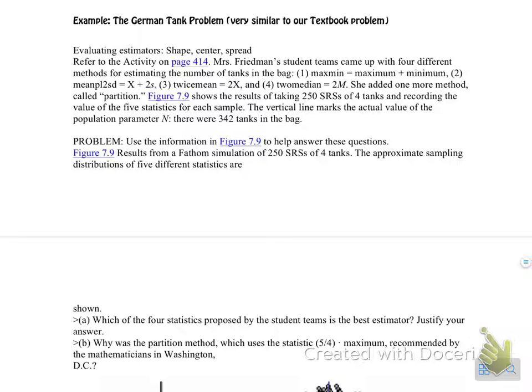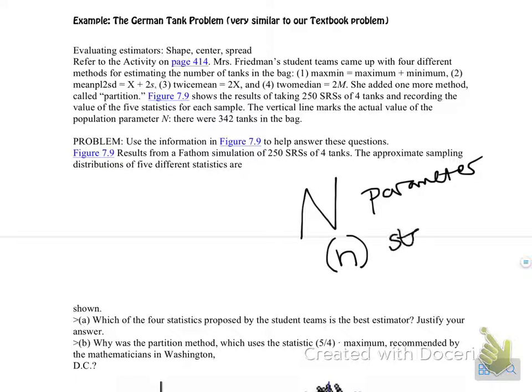So they took the serial numbers and sent them to mathematicians, because we're awesome, and asked for an estimate for the total number of German tanks, which you would call N, because that's the true number. Remember, this is your parameter, and your sample, little n, is your statistic.